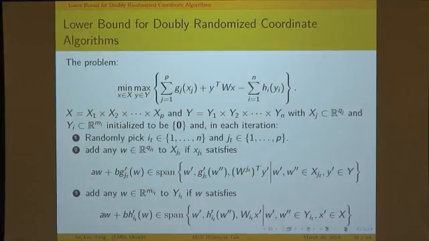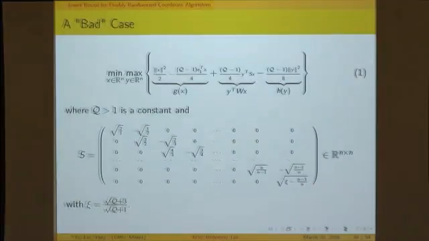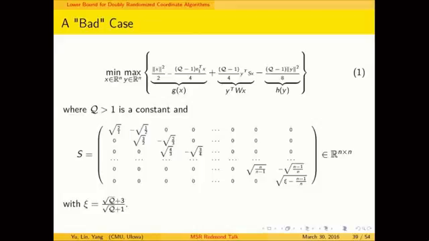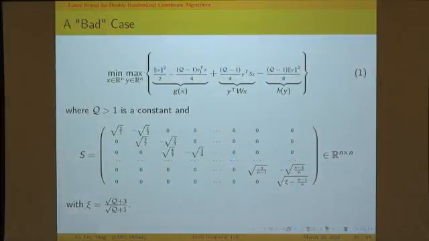Now, in the following, we will give a bad case to show at least how many iterations this algorithm would need to solve that problem. The bad case is a conjugate function, both for the primal and for the dual.